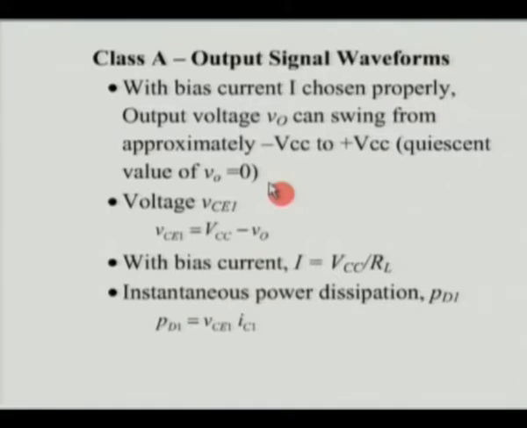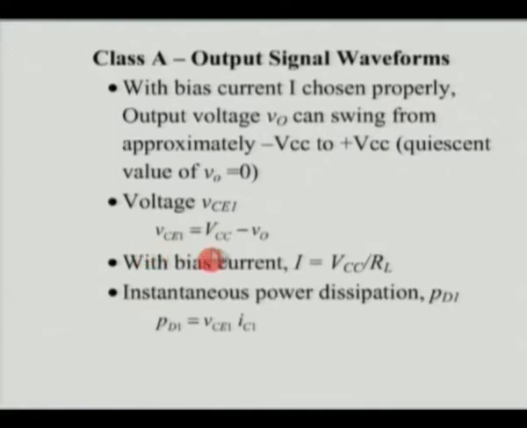Now we can sketch say 2-3 waveforms. One waveform would be the VC1 waveform. When you apply a signal, we want to see how the VC1 signal varies. Since we are talking about a common collector stage and the output is at the emitter, VC1 is nothing but VCC minus V out, because V out is same as VE, and VC is nothing but VCC.